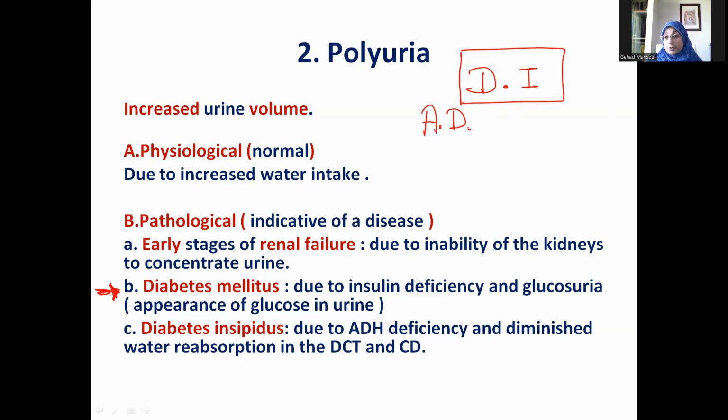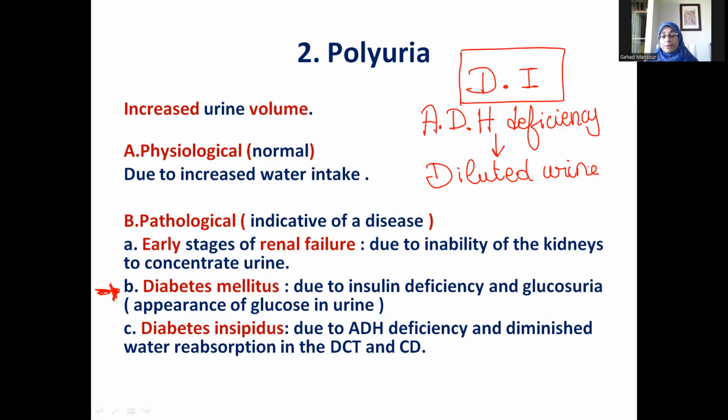So the patients who have diabetes insipidus, a very rare disease, have antidiuretic hormone deficiency. Since they don't have antidiuretic hormone, which concentrates urine, they will have diluted urine, and this urine will actually be very, very diluted.